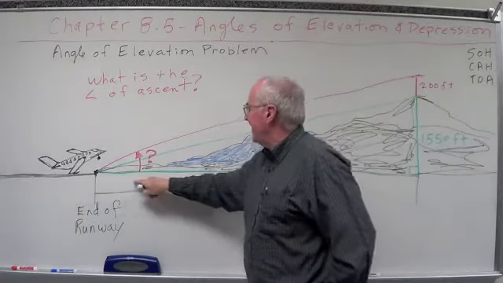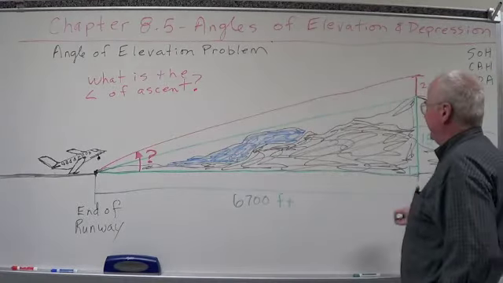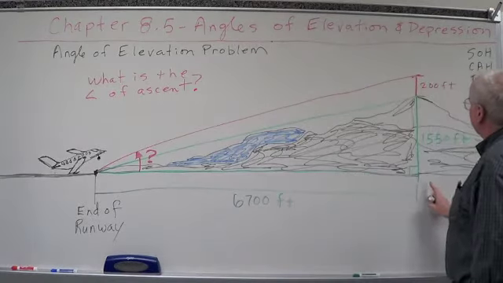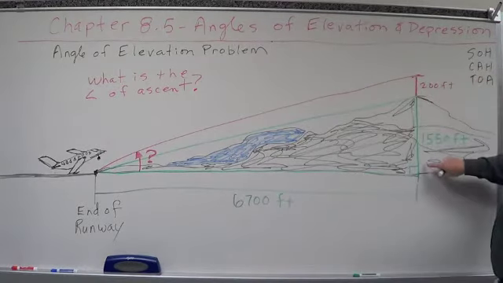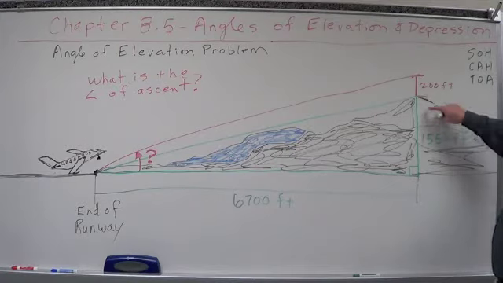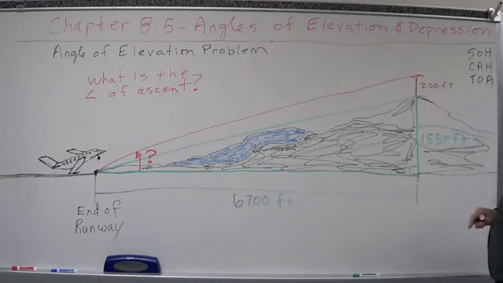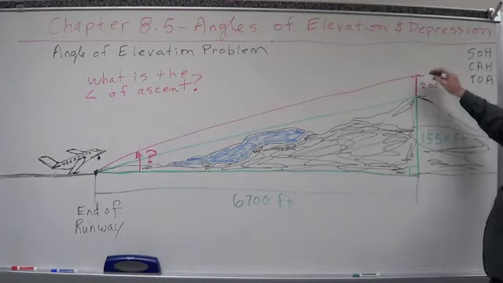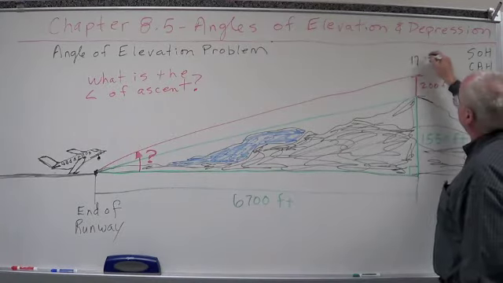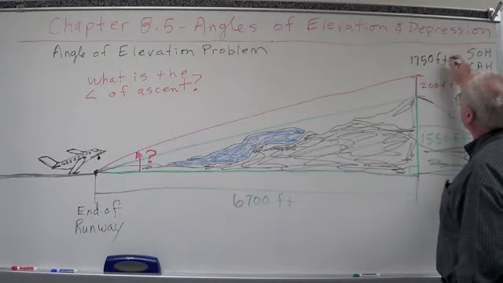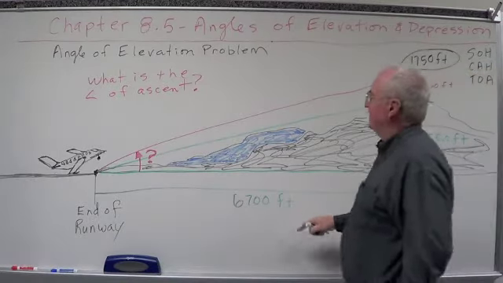We have one leg over here that is 6,700 feet. We have another leg that has two pieces, 1,550 feet and 200. So what's the total of this leg over here? Well, the total of this leg is 1,750 feet.